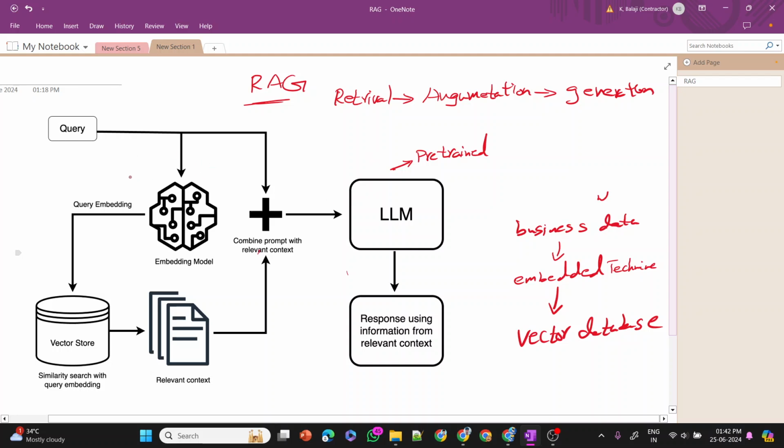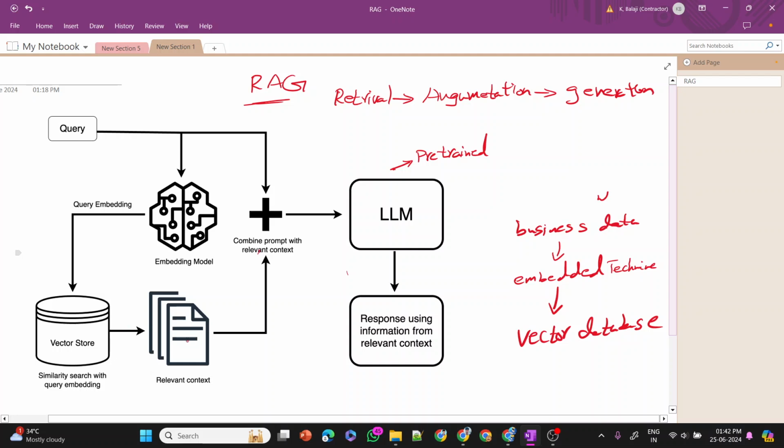After receiving the query from the user, the relevant content is retrieved from the external knowledge. The external knowledge means the vector database, or other data sources.